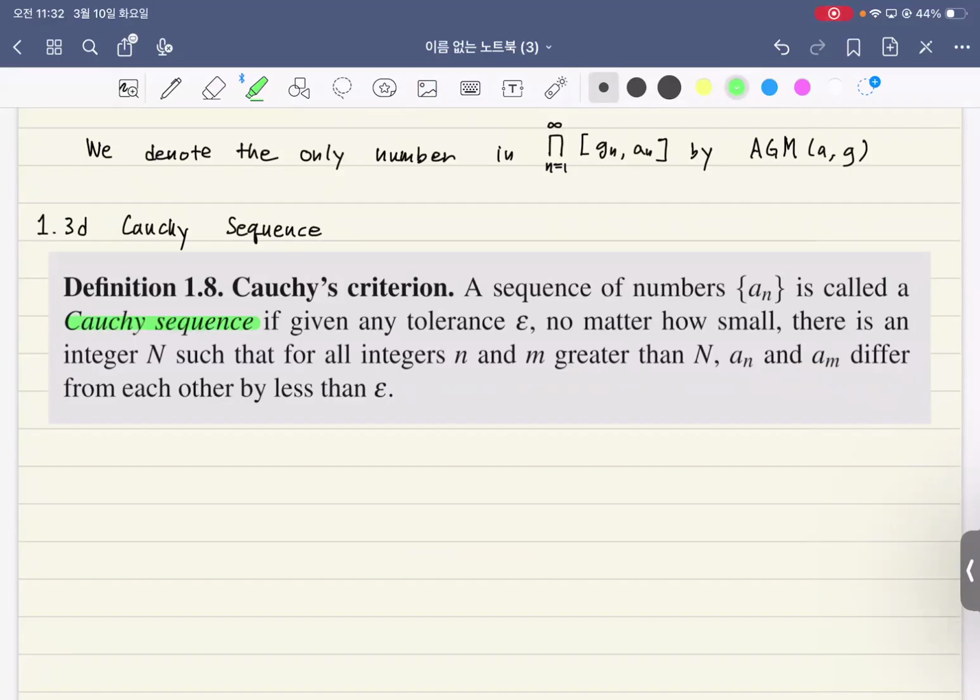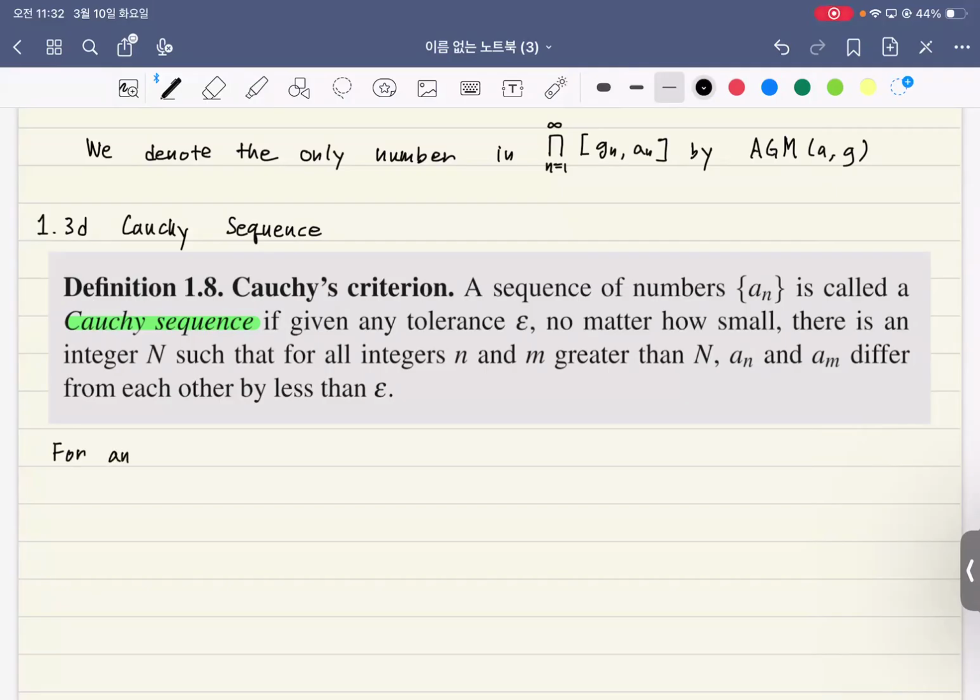We say a sequence of numbers a_n is a Cauchy sequence if for any epsilon, there is an integer N such that for indices n and m greater than N, a_n and a_m differ from each other by less than epsilon. Sounds very confusing, so I want to rephrase this using quantifiers.